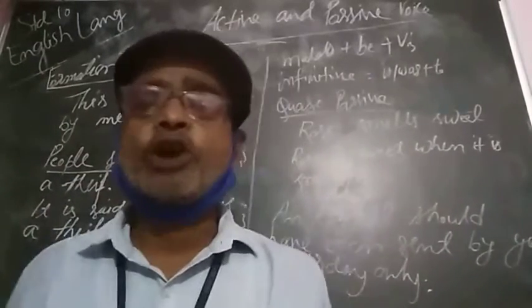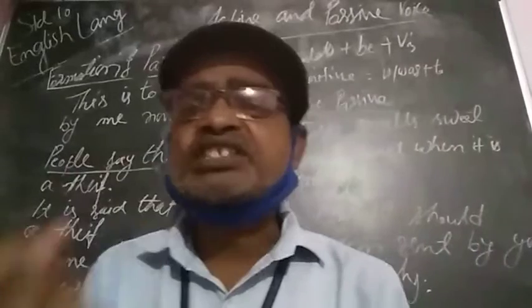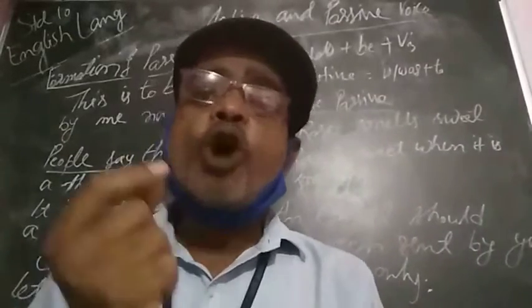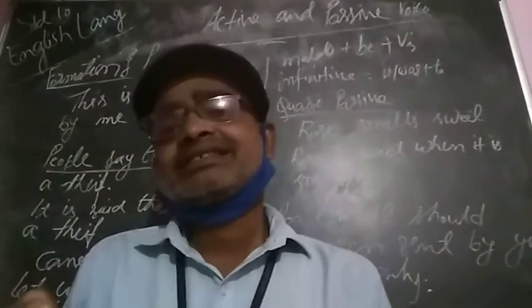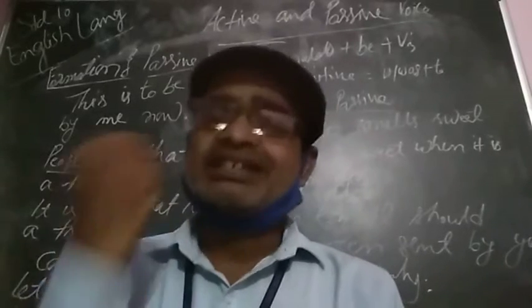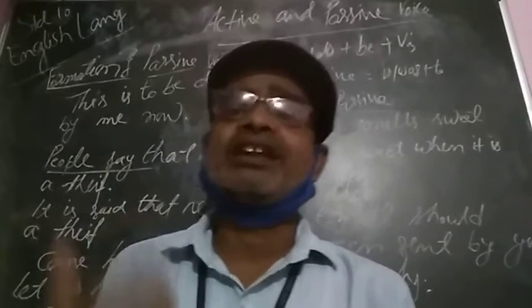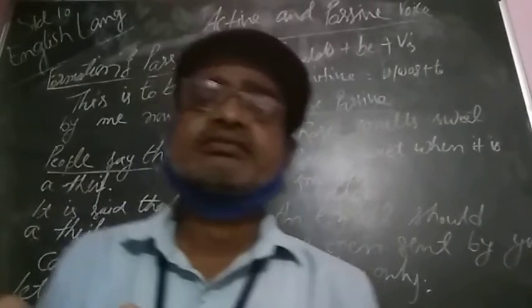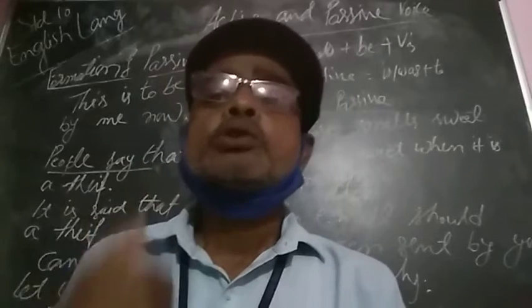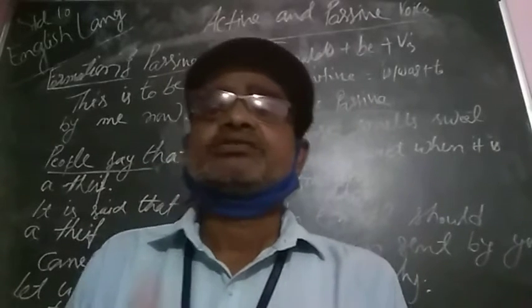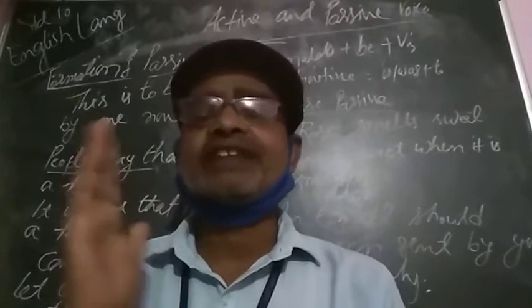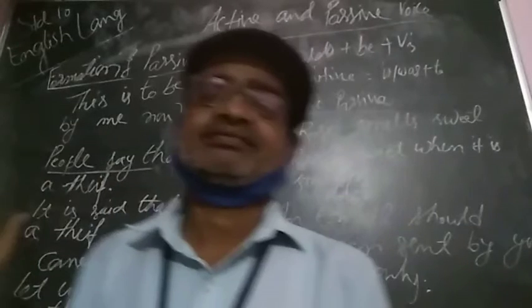And how to find out object? Just ask question by what. If you don't get any answer after asking question by what, then ask by whom. So whatever answer you will get, that will be object.